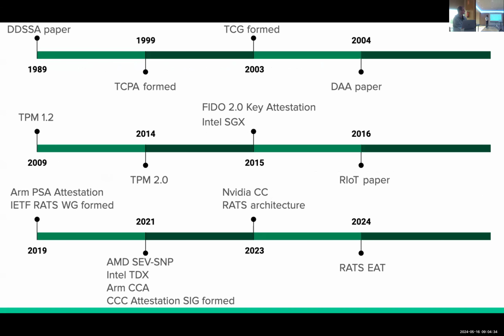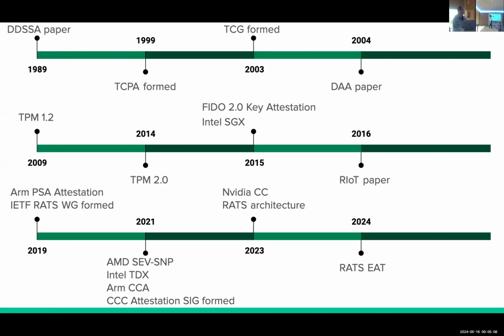So this is the overall history for both of these domains, how attestation has evolved, starting from the research in 1989, the DSSA paper, and then the first industry consortium formed in 1999, which transformed into TCG. Then research started again on the privacy perspective, DAA, direct anonymous attestation, and TPM 1.2 and 2.0 were standardized in 2009-14.